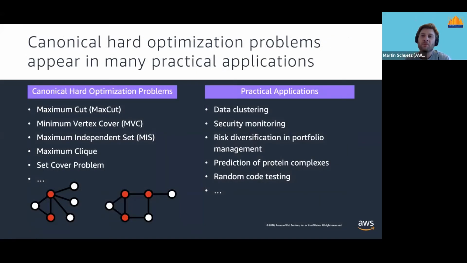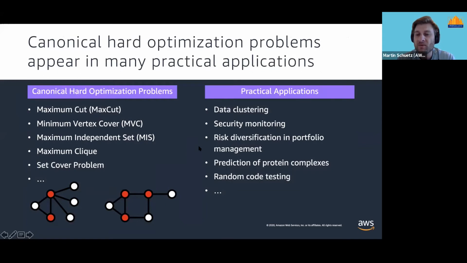There are many more problems of this type. I've listed a few of them here: maximum cut, minimum vertex cover, maximum clique, and so on. These are really not just academic problems, but they map onto real-world practical applications: data clustering, security monitoring, risk diversification. The list goes on and on.